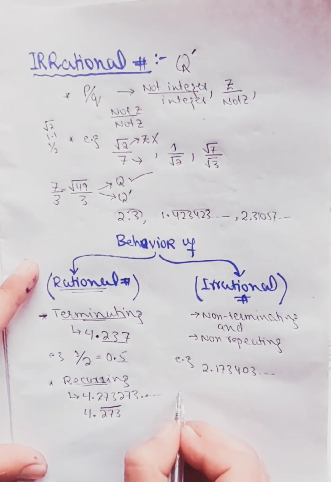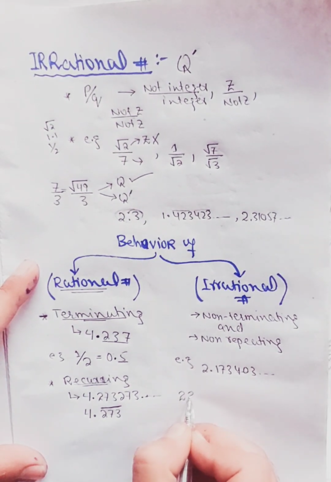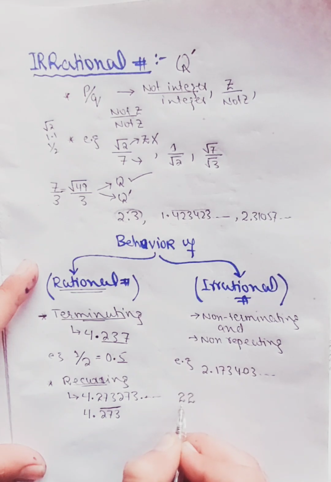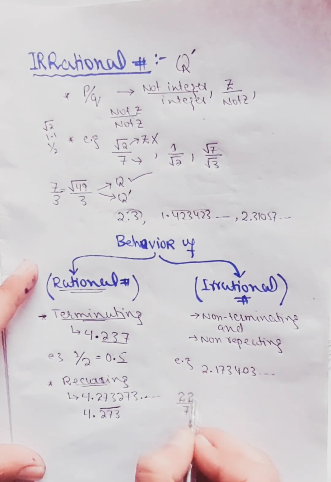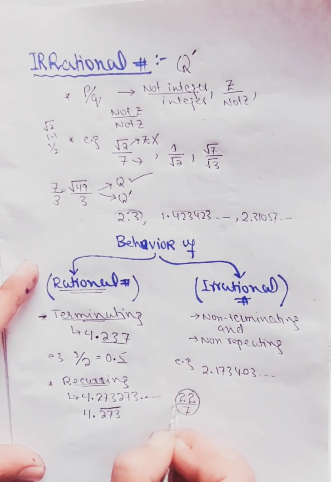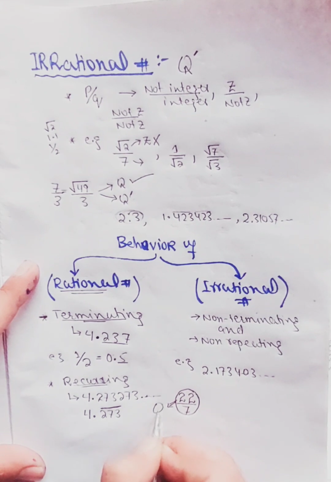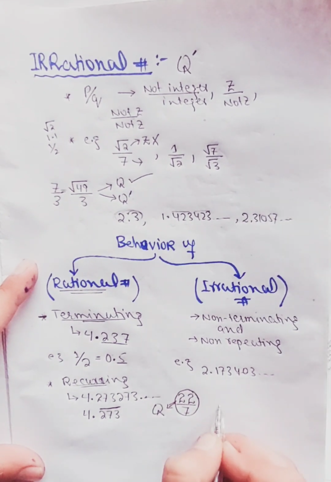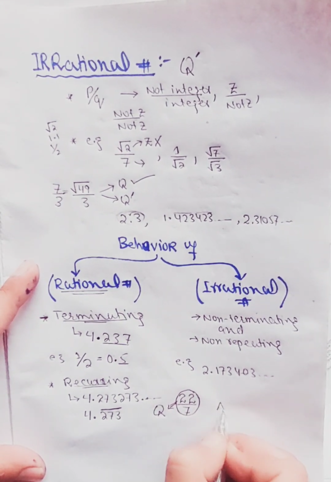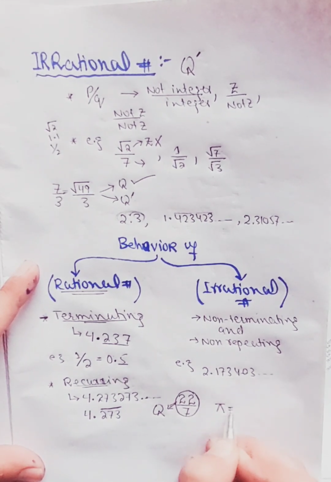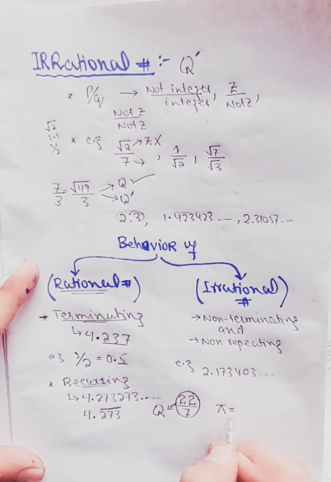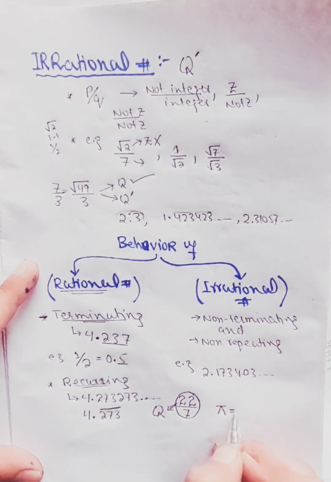27/7, दिस इज ऑब्वियसली अ रेशनल नंबर, क्योंकि ऊपर भी इंटीजर है नीचे भी इंटीजर है. Then this is irrational. You might know about pi. What is pi? I will explain it in detail in a later video, but now we cannot explain it.